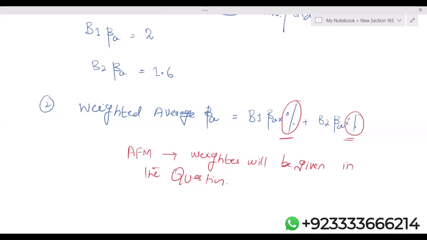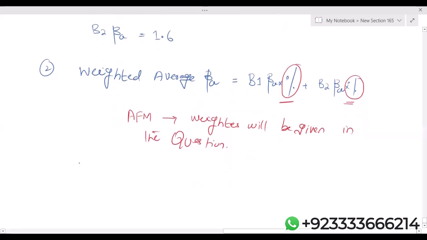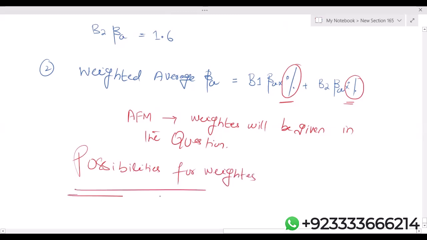Most of the time you will see one of them, but still examiner can give you any other information. But the main concept is weights will be given to you. Now, what are the possibilities for weights?